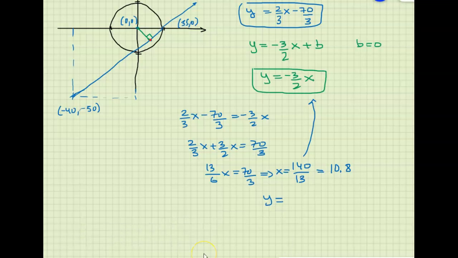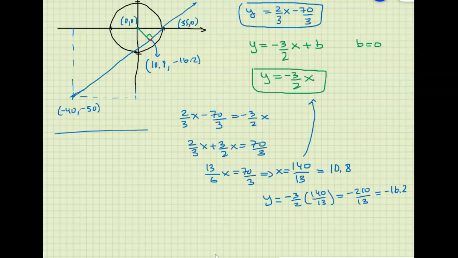The y value equals -3/2 times 140/13, which is -210/13, which is approximately -16.2. So that gives the location. The location is approximately 10.8 and -16.2.